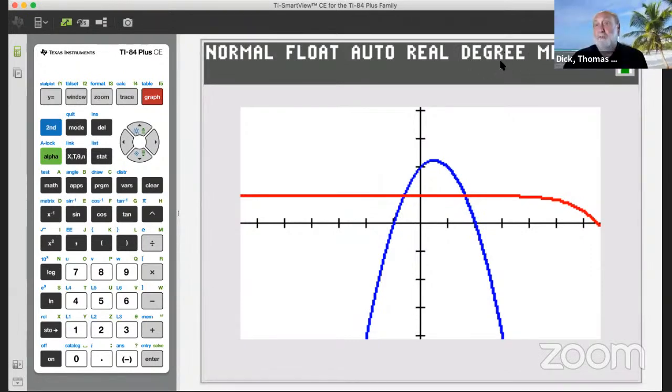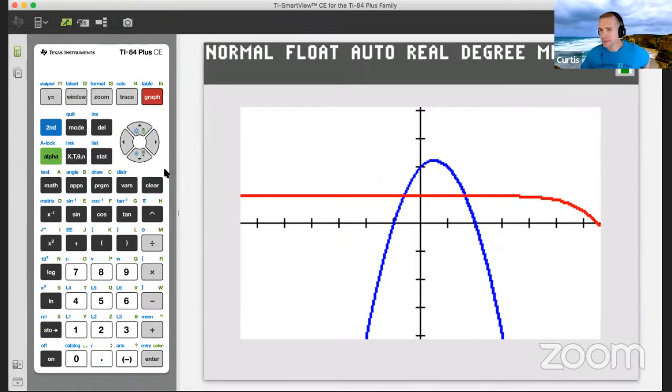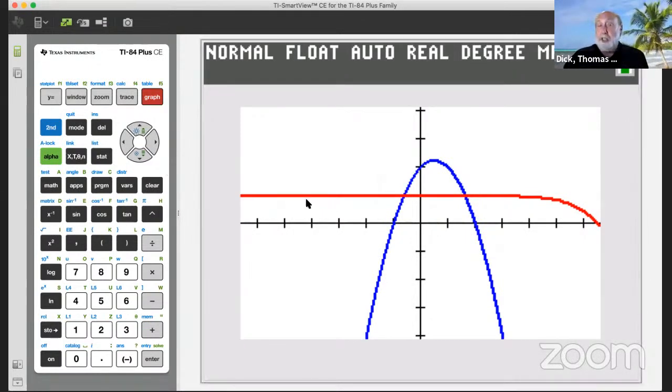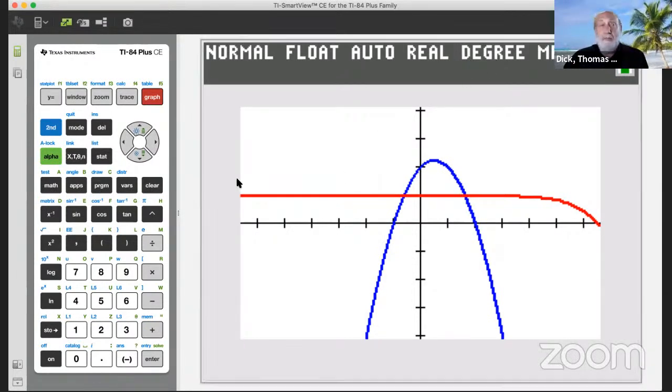It's telling us we're in degree mode, and that's the culprit. I was highly suspicious of your graph there. And that's a reason to be suspicious when you see a trig function looking really, really flat. That should raise a little red flag. You want to check your mode, make sure it's there.